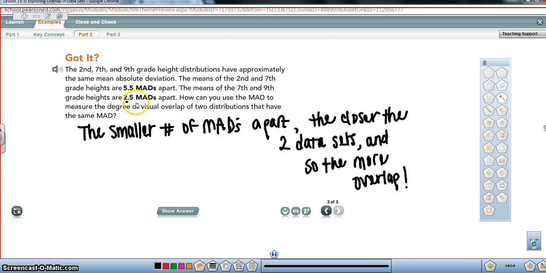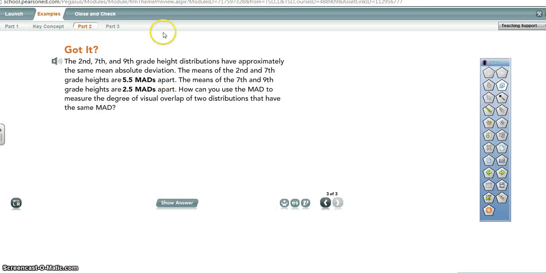This one is telling us that it's closer, so it's going to have more overlap. This one is further apart, so it's going to have less overlap.